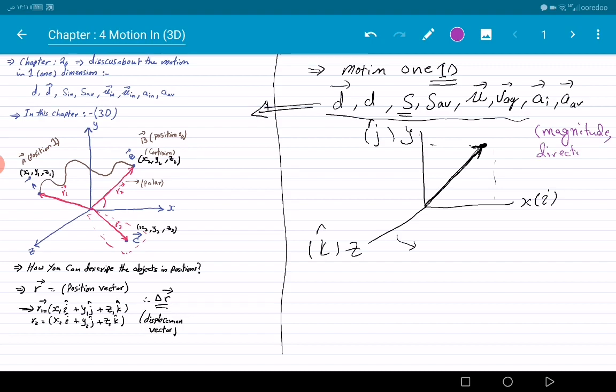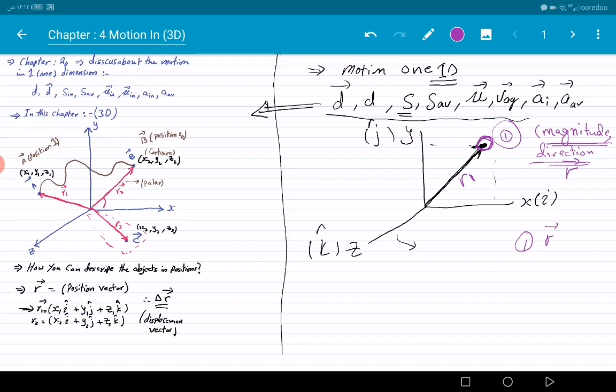So I describe this point, for example point 1, by using a position r1, and we can point to this point by its magnitude and direction. So that is the first step: describe it with polar coordinates.